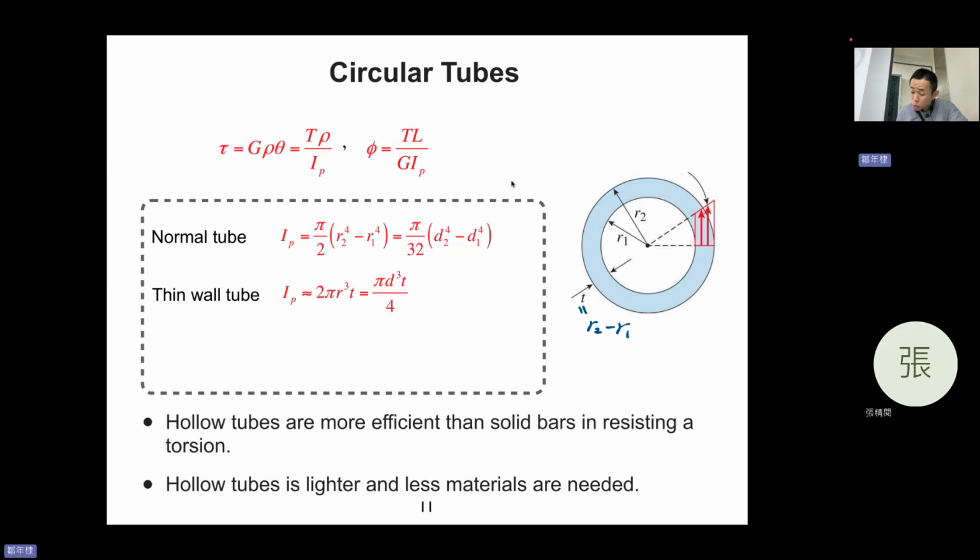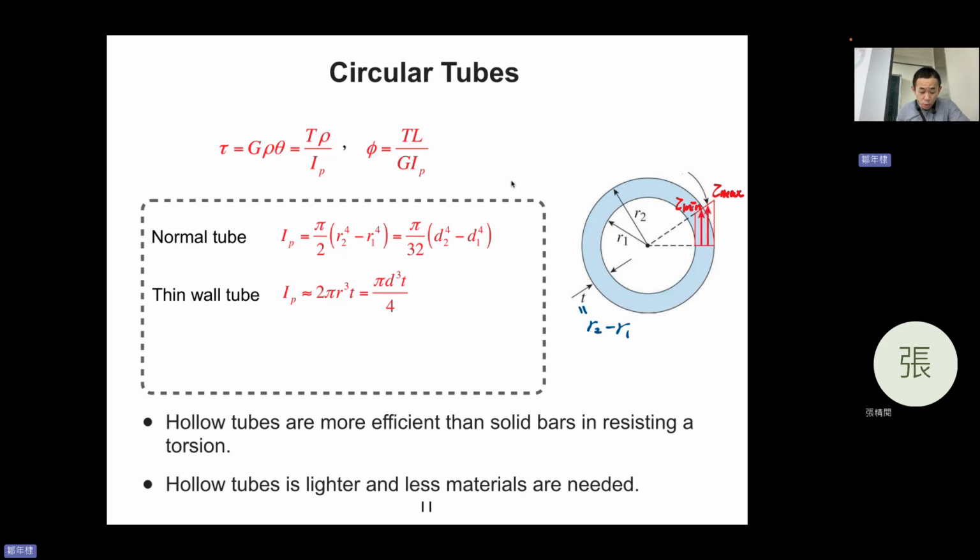Suppose this is tau max. And of course, it will have a tau min because it doesn't reach zero, so it must be tau min and then it finishes.